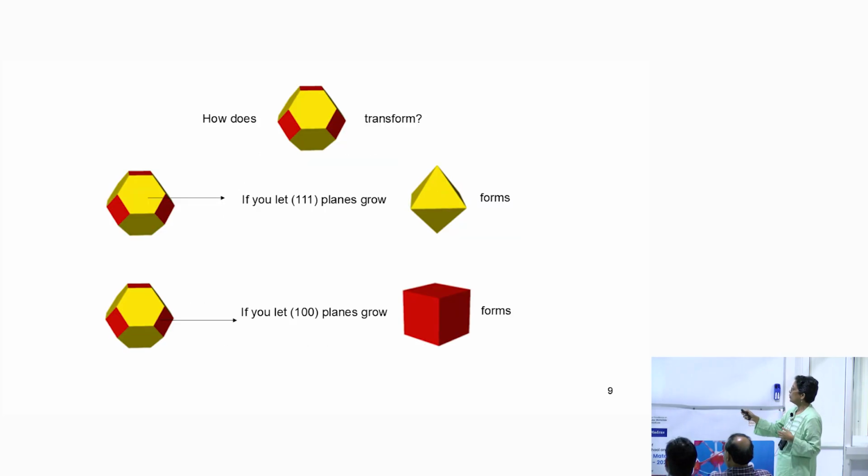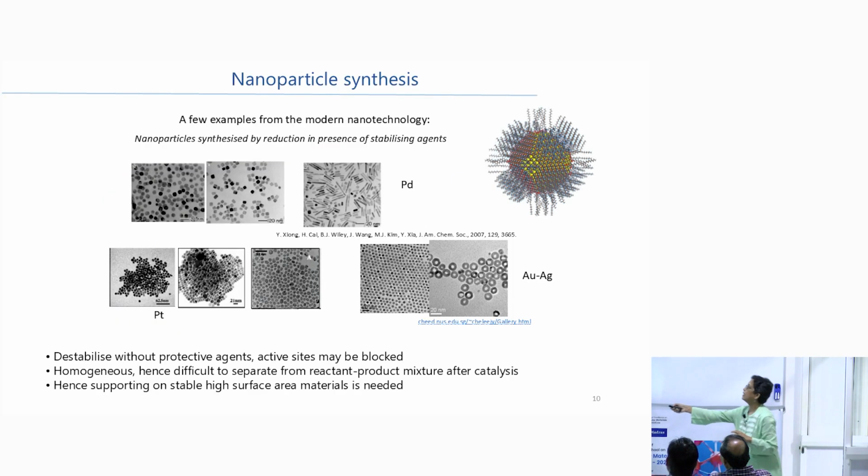Now how do we synthesize that? How does this transform? If you let this 1, 1, 1 plane grow, you keep on removing, it becomes completely an octahedron. So now you have a shape where all the faces exposed are close packed, all 1, 1, 1. And if you let this one grow, it grows back into the cube form. So here it is all 0, 0, 1. This is the crux of nanoparticle synthesis.